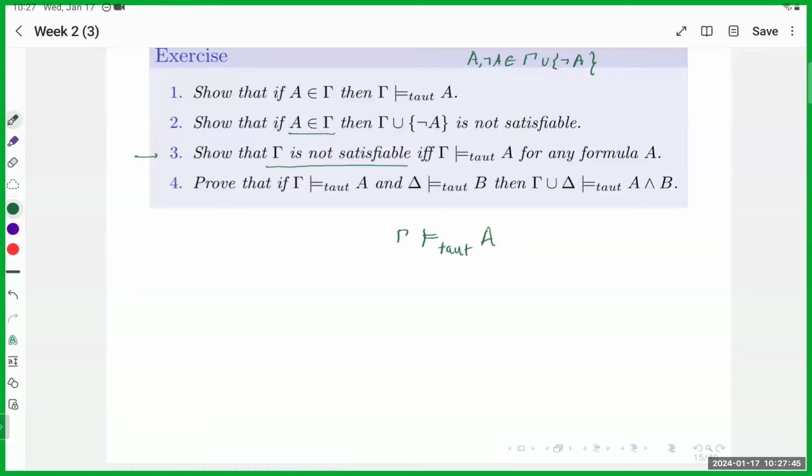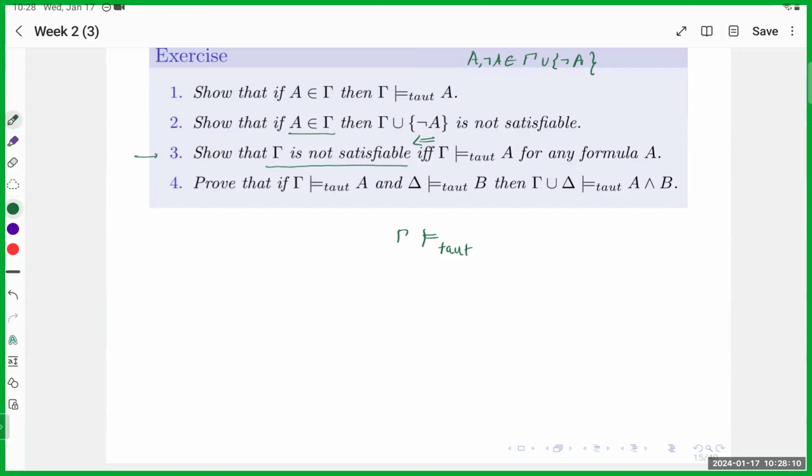So the statement is vacuously true if gamma is unsatisfiable, and vice versa. How do you prove the other direction? If gamma can tautologically prove any formula, how do you show it's unsatisfiable?